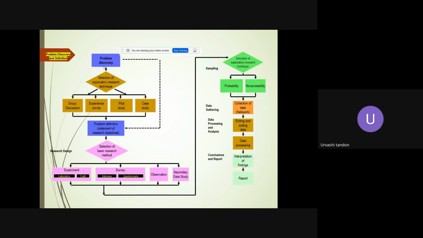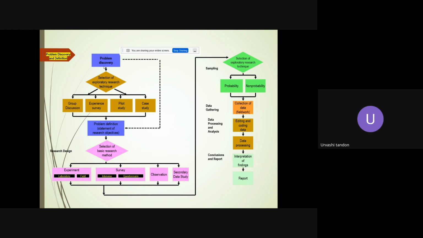So again, problem discovery and definition is the first step of any research process. We start with problem discovery or problem identification. Then we define the problem in operational terms.